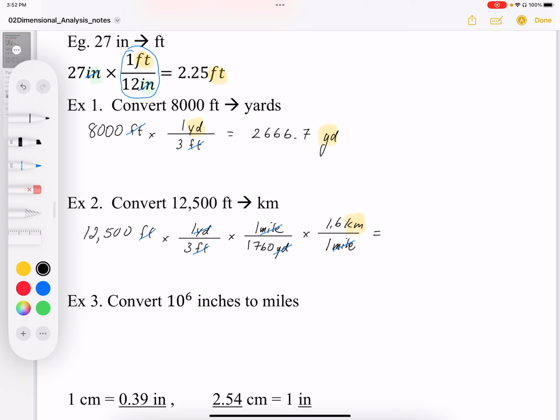I need to type that all into my calculator, and I'm going to get an answer that is equal to 3.79 kilometers. And again, notice that my kilometers units match.